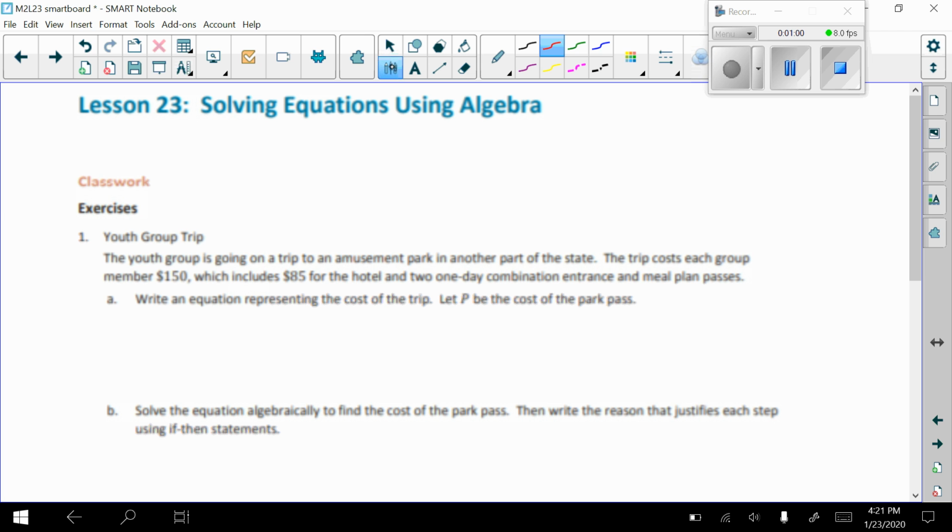So let's read through this. The trip costs each group member $150. So that sounds like it's the total that they have to pay. This includes $85 for the hotel and 2 passes. $85 and 2 passes.